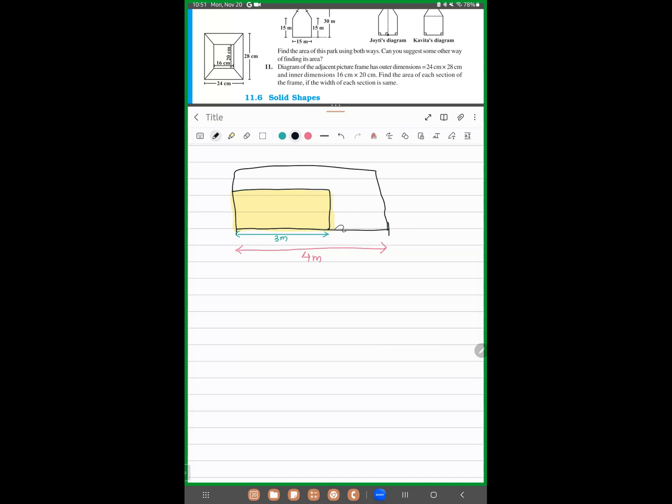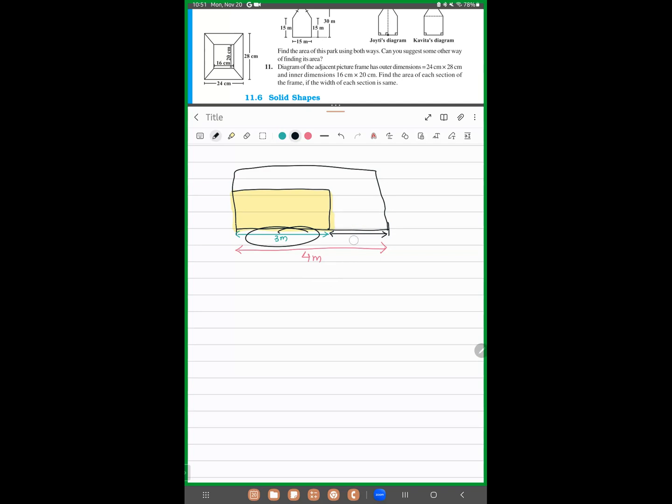How much is this length? 6 meters. But if this is 6 meters, then 3 plus 6, the total length, is going to be 9, no? 1 meter.